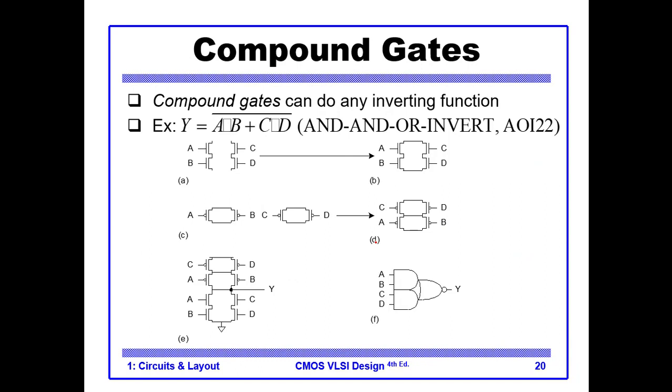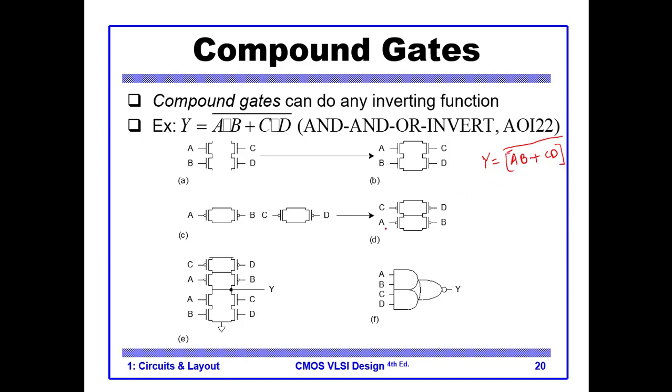Let's come to another gate, which is the compound gate. So basically the equation is this one: Y is equal to (A and B plus C and D) whole bar.